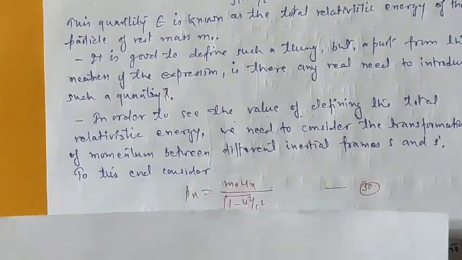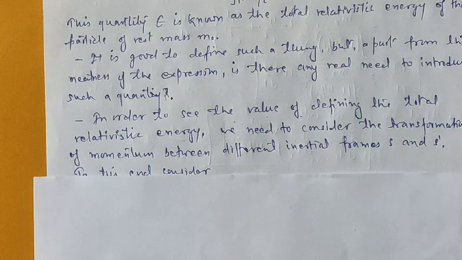It is good to define such a thing, but apart from the neatness of expression, is there any real need to introduce such a quantity? Why are we defining it in such a fashion?